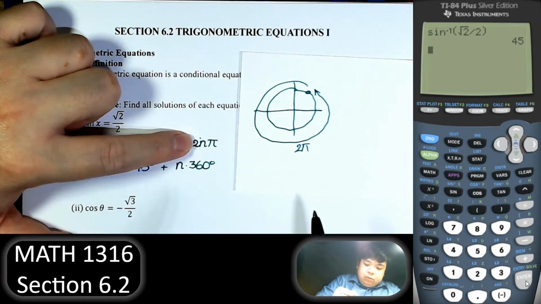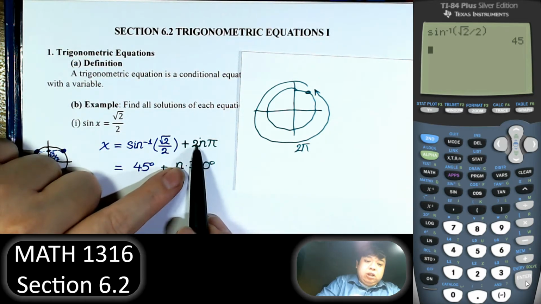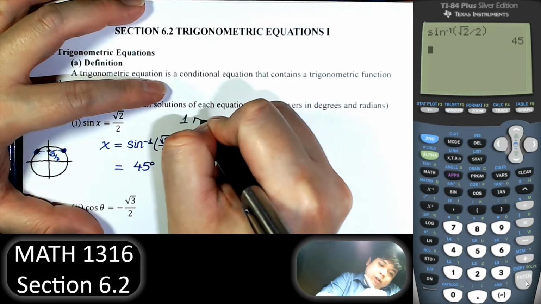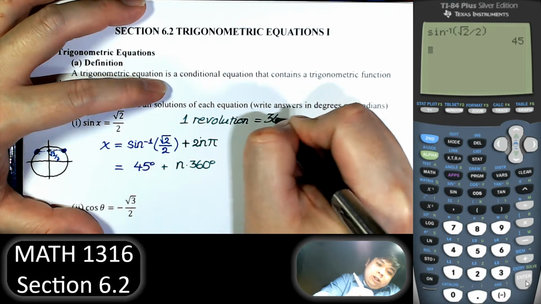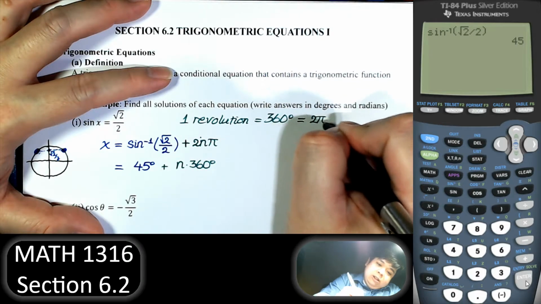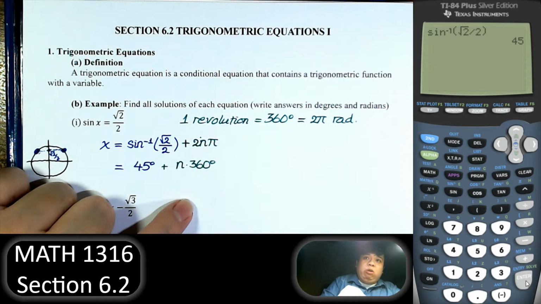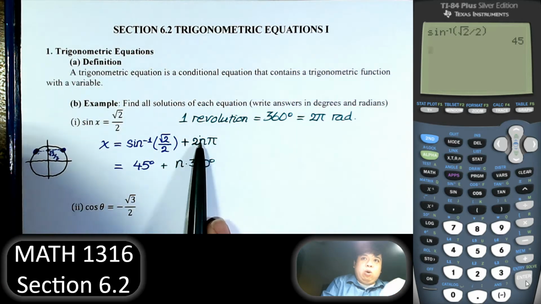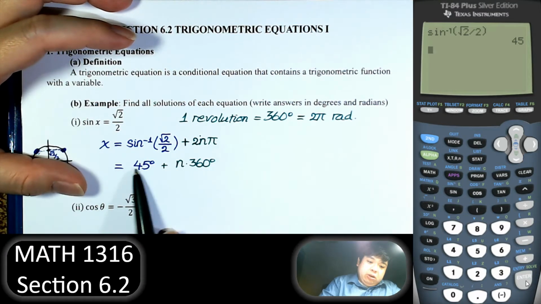So n times 2 pi gives us a number of revolutions. One revolution is equal to 360 degrees, or equal to 2 pi radians. That's why we add 2n pi here, so we can go extra revolutions, and n here can be any integer. If n is 1, we go one extra revolution, n equal to 2, two extra revolutions, and so on. So in general, it's going to be in that form.